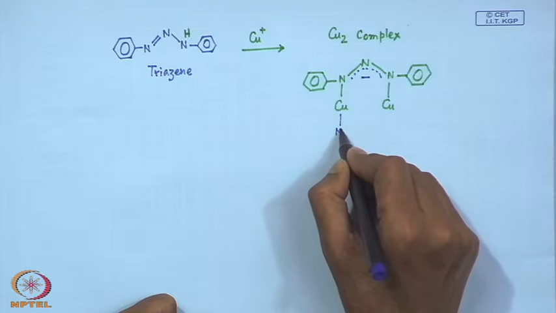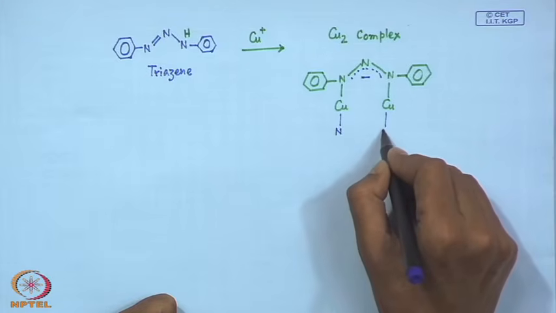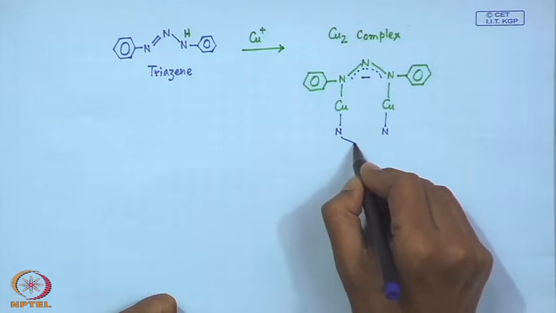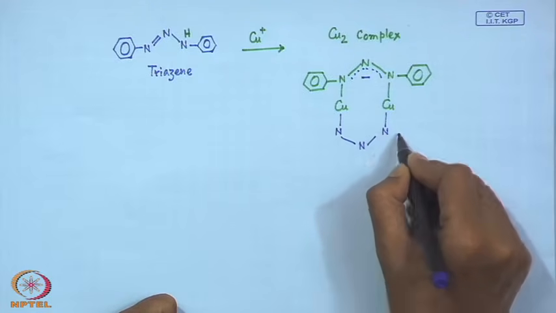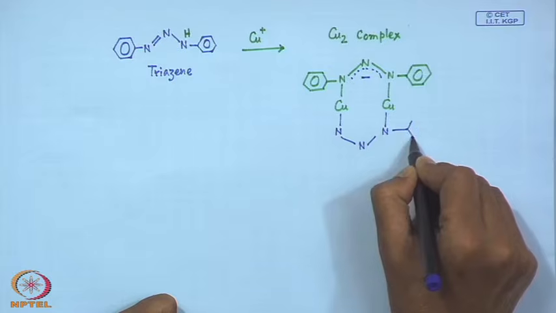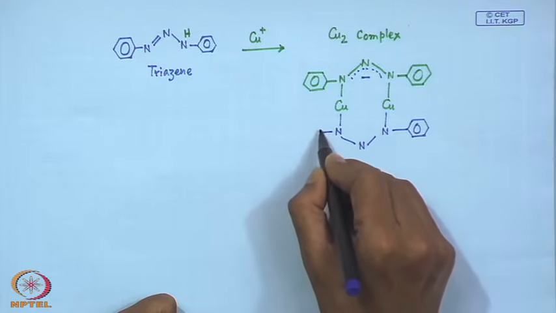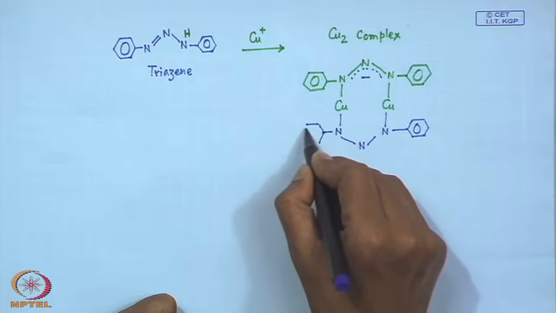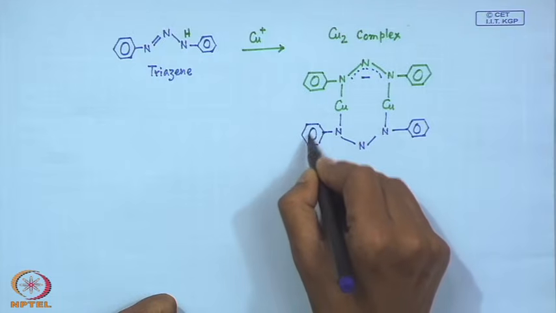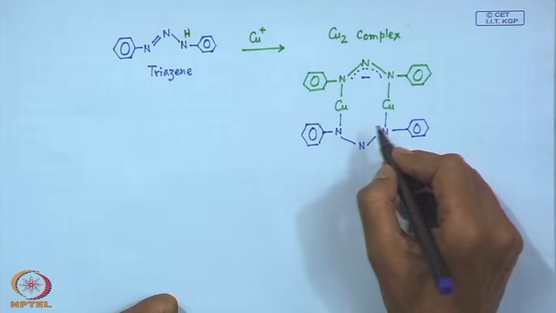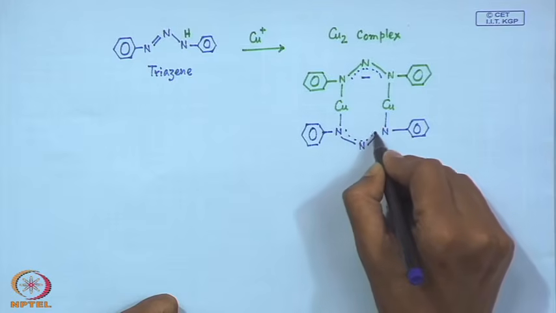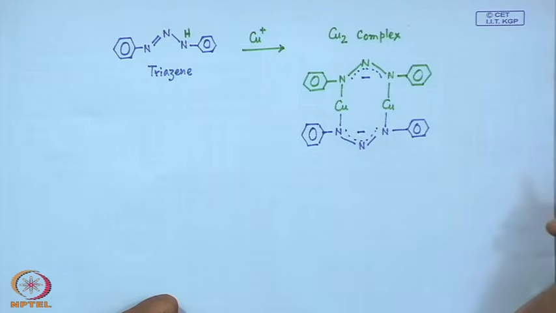On the other side of the compound, we can have the same thing with one negative charge.